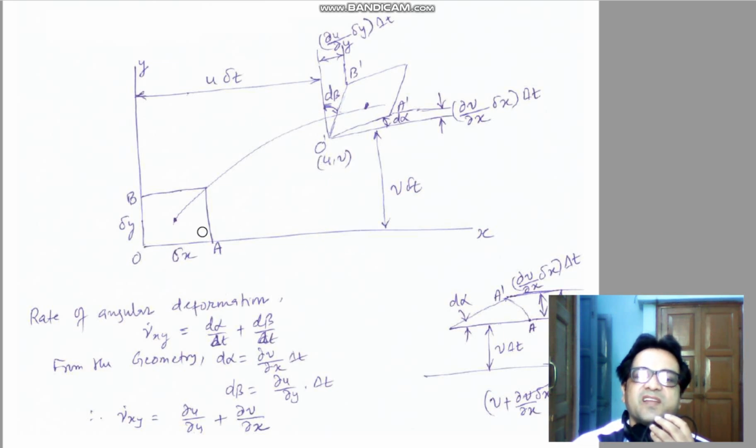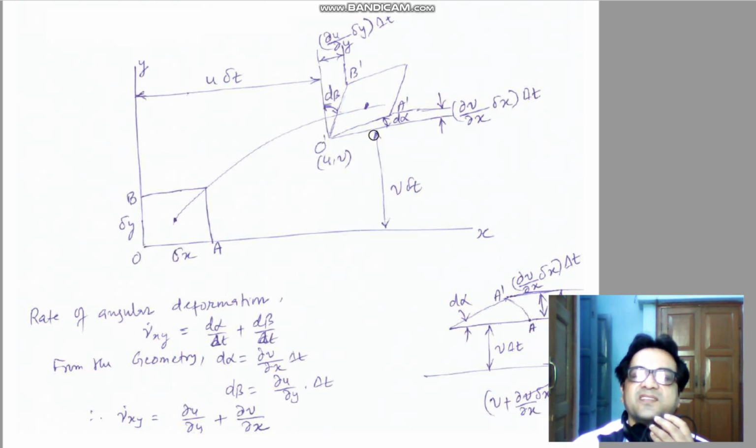The fluid is moving with velocity u and v. These are the deformed shape O dash, A dash and B dash, the deformed final shape of the fluid element. OA dash makes angle d alpha with the x axis, and OB dash makes d beta with the y axis.